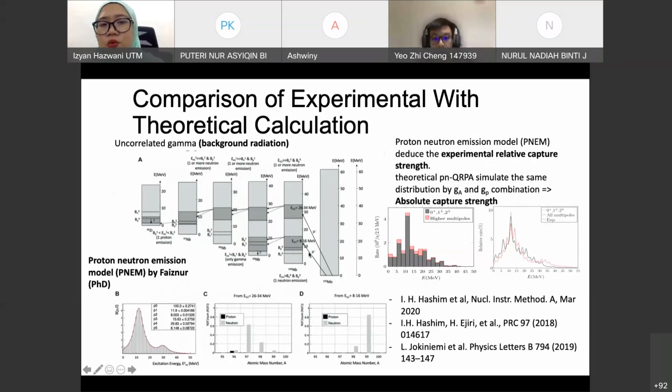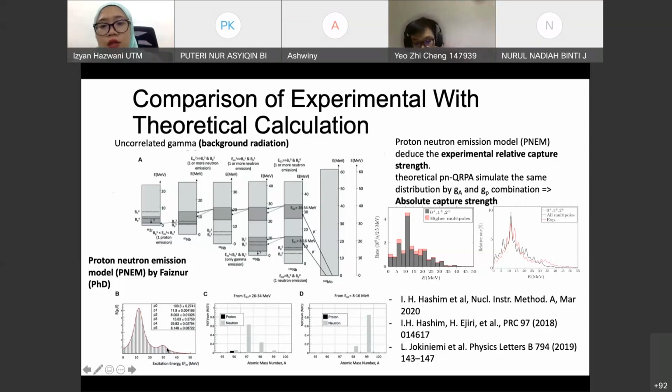We developed one model to investigate this background radiation, for my PhD student. We compare the one produced by the model and the one that we calculated from the experiment, and we will obtain some kind of capture distribution.